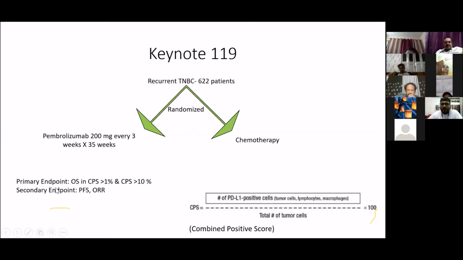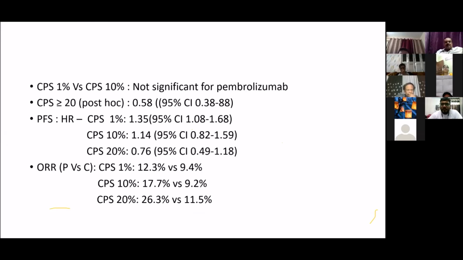So the primary endpoint of the study was overall survival in those patients whose combined positive score is more than 1% and more than 10%. And secondary endpoints were progression-free survival and overall survival. We did not find any significance between combined positive score of 1% and 10%.